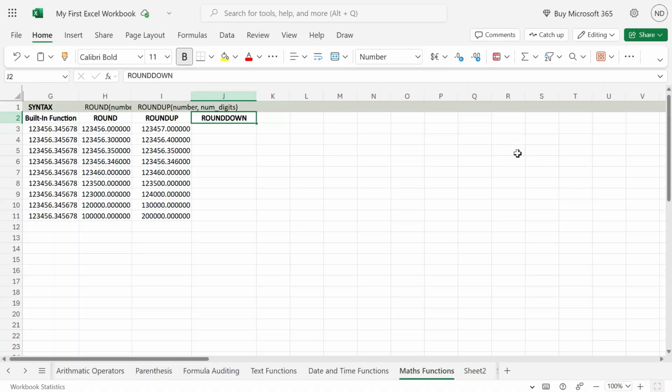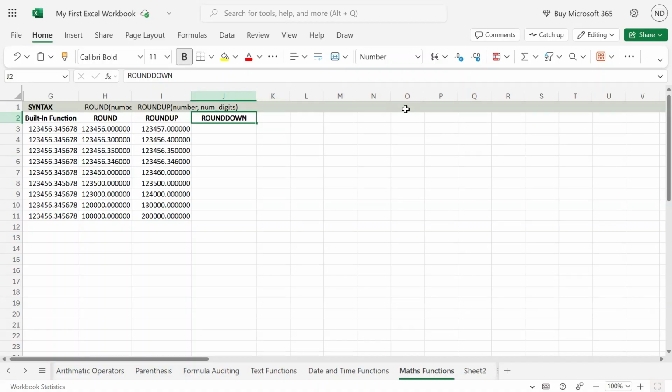Round down is exactly opposite of round up, where it rounds a number down towards zero. Round up will move beyond zero, so it will take your number from zero to a higher number, whereas round down will reduce that particular digit.